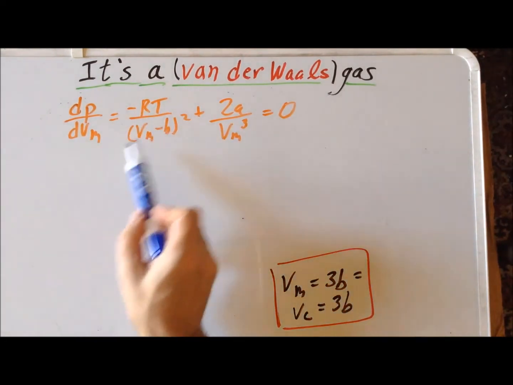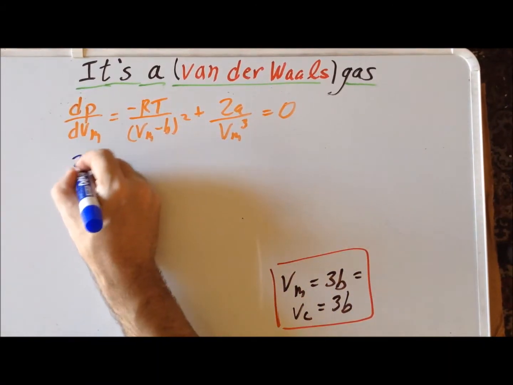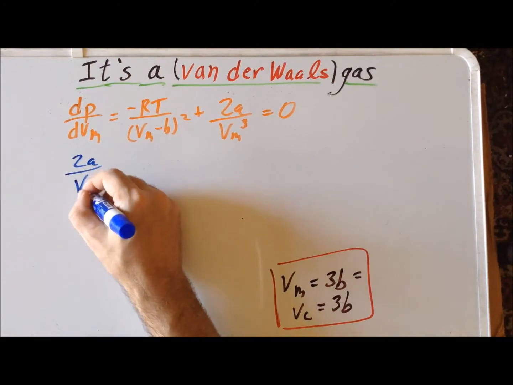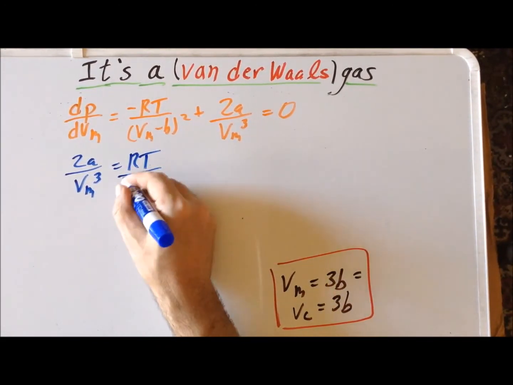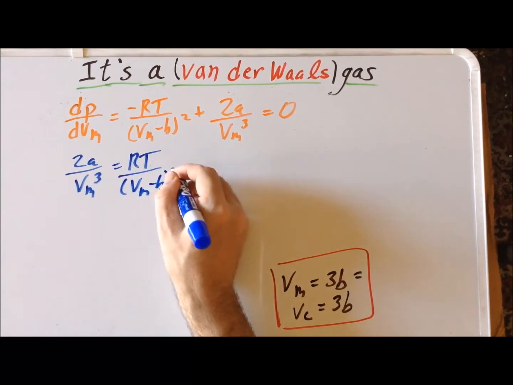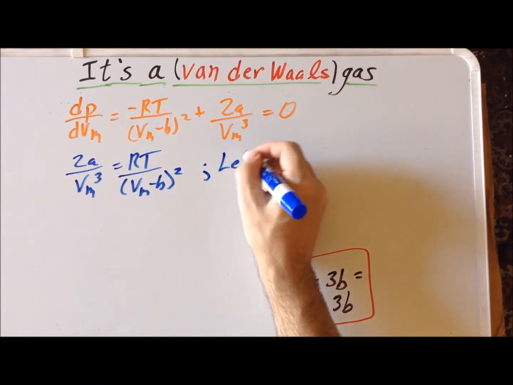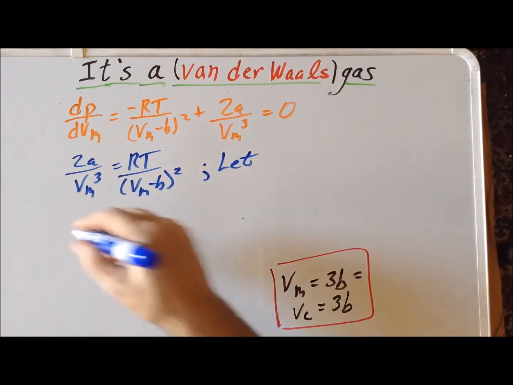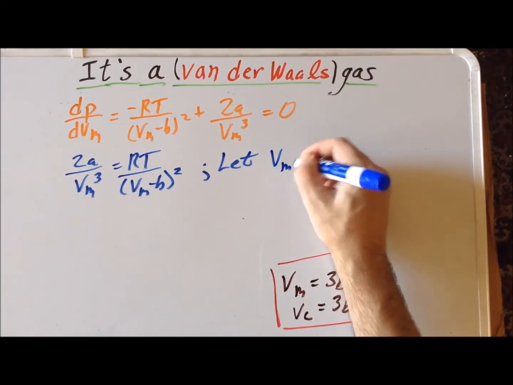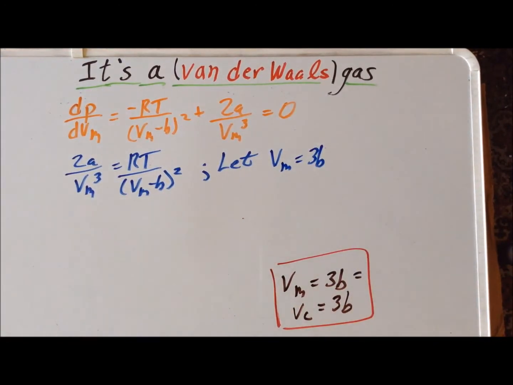Next we add RT divided by this quantity squared to each side, and that gives us that 2a divided by the molar volume cubed is equal to RT divided by (V_m minus b) squared. Next, at this point, we want to use the fact that we have an expression for the molar volume at the critical point, so we're going to let the molar volume equal 3b and substitute that into our expression for the first derivative.